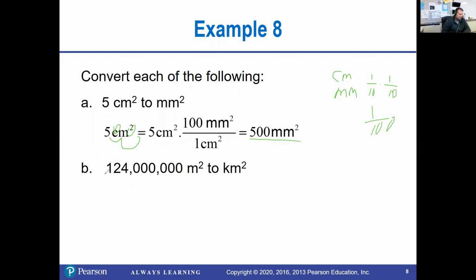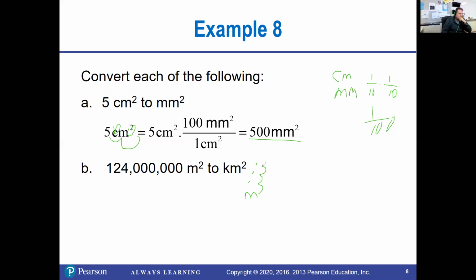Now, I have 124 million meters squared. So remember, from meters, you have decameters, hectometers, and then kilometers. So that's going to be 1, 2, 3 places.